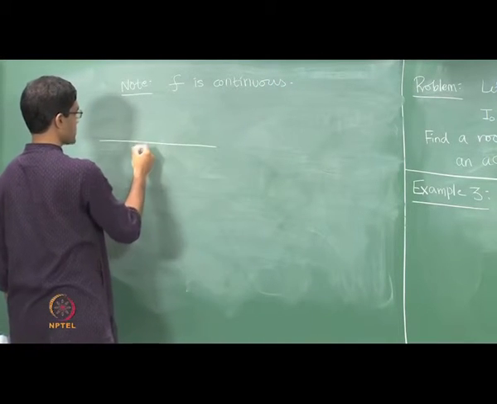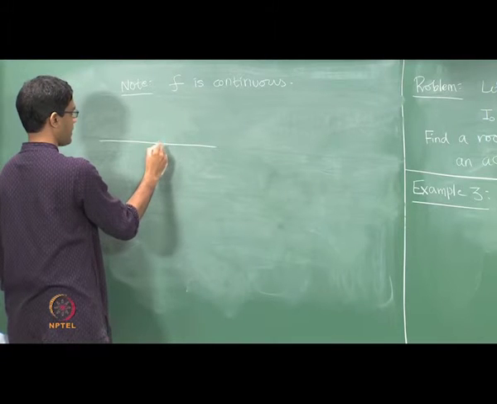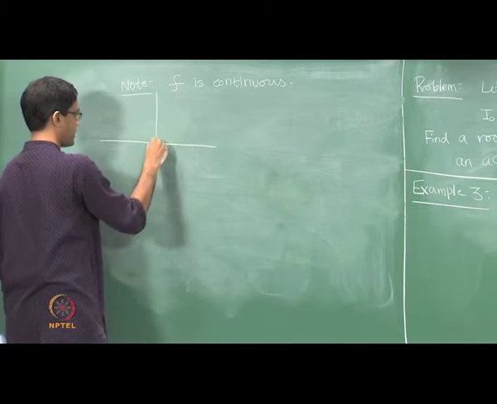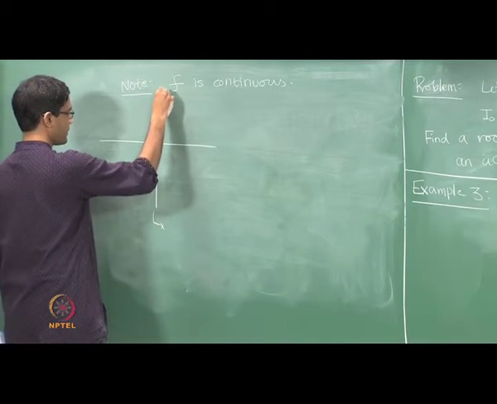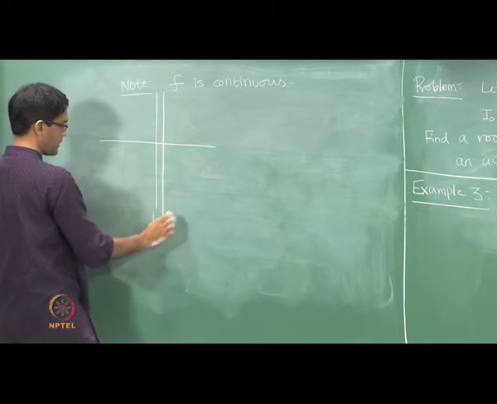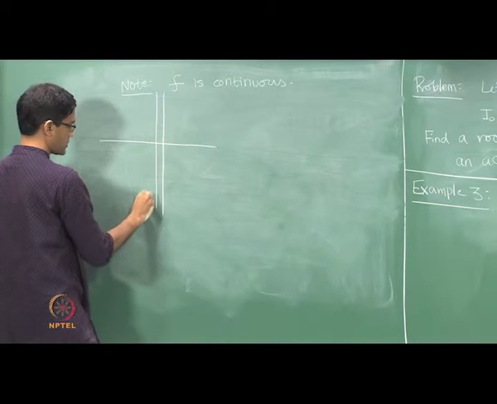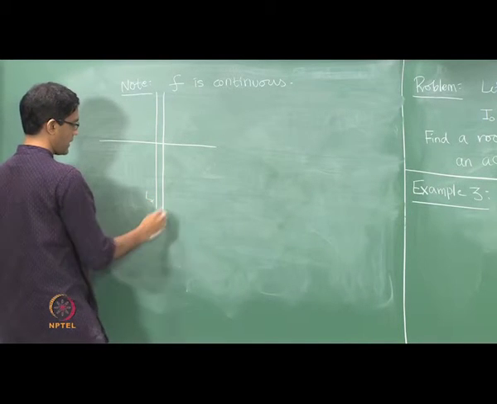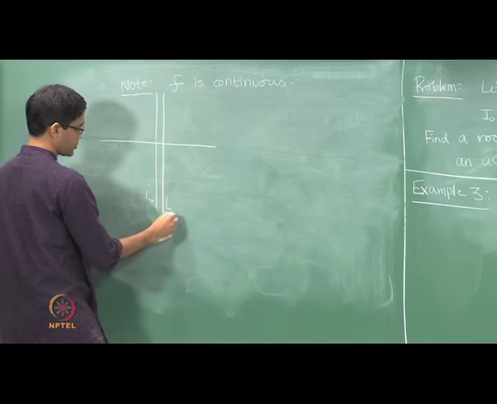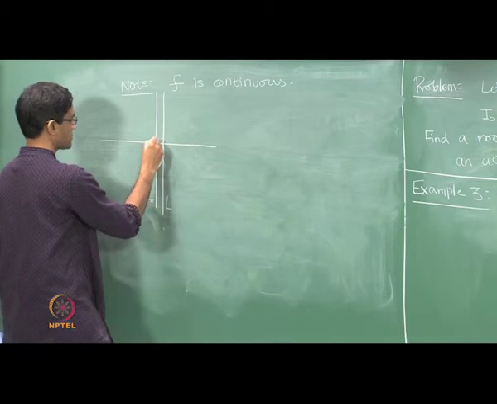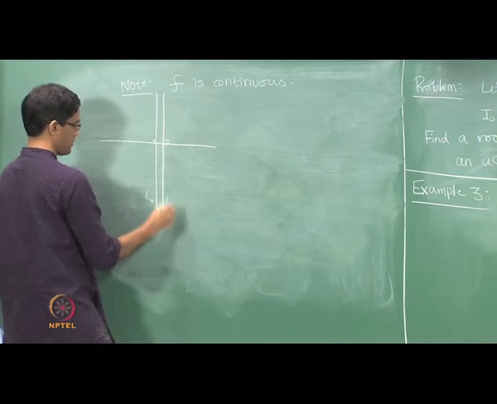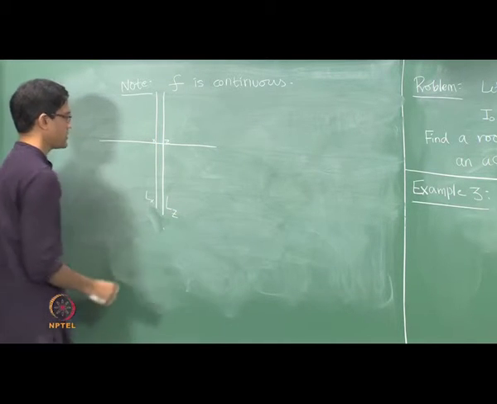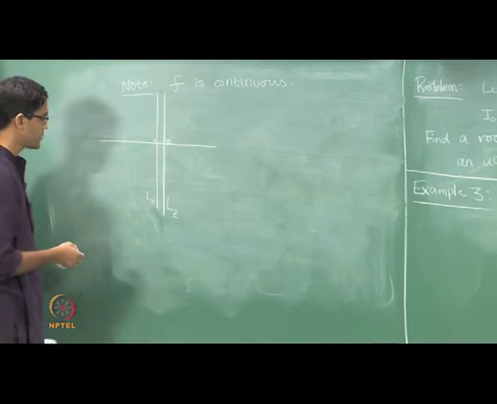Because I have some value of x, so here's the line Lx, and let's say I change x slightly, so I have another line, let's call this value z. So I have a line Lz, and x and z are very near each other.